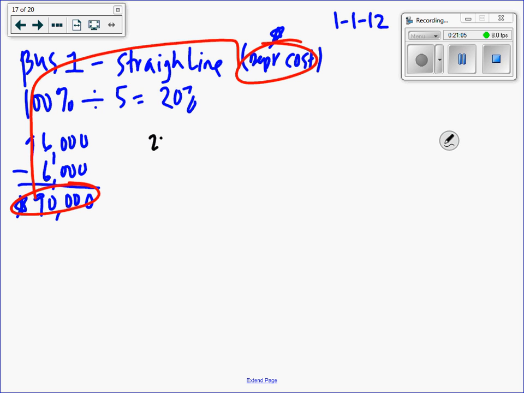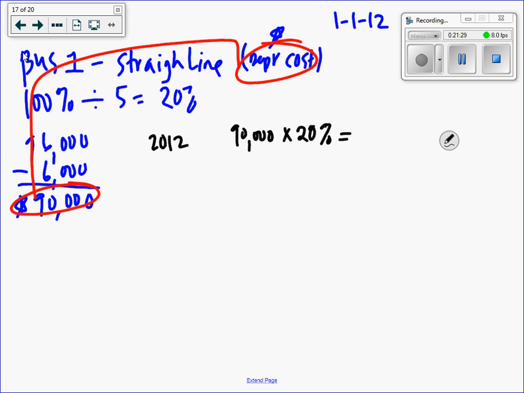In 2012, are we going to take 96 at 20% or 90 at 20%? 90. $90,000 times our straight line depreciation rate.